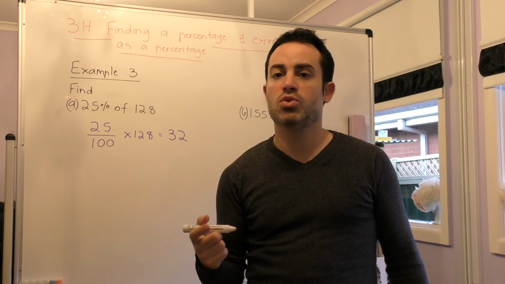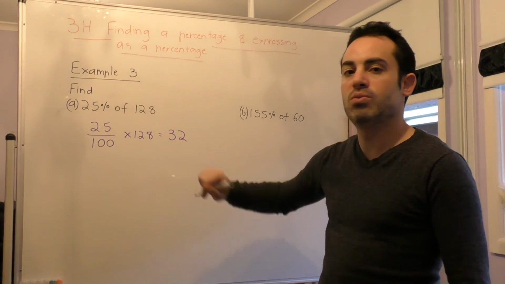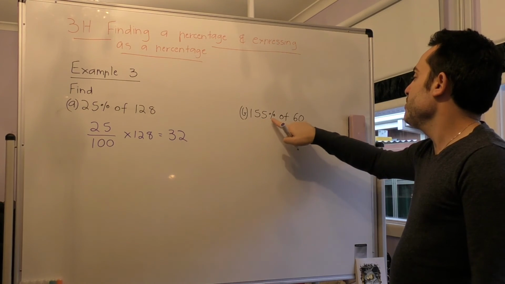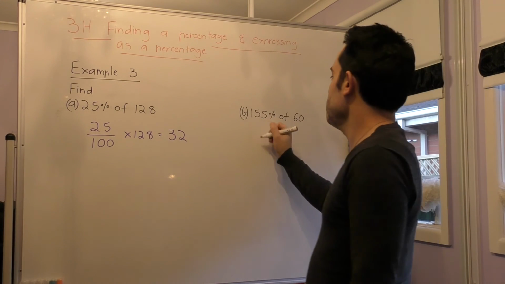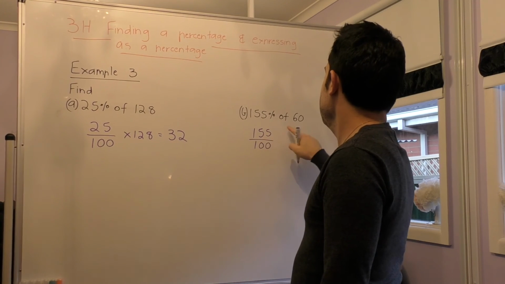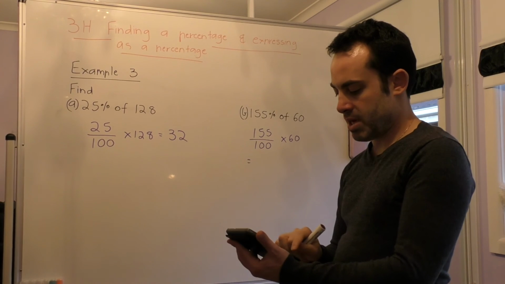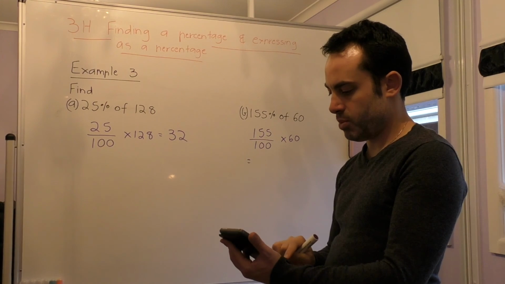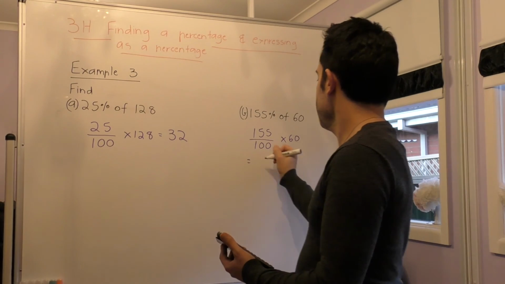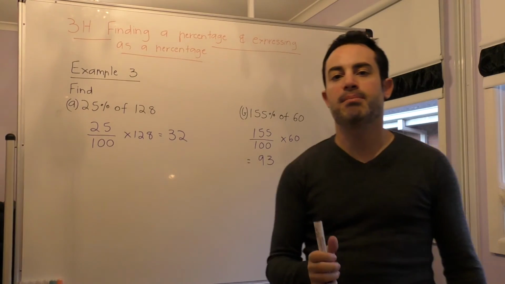That's 25% of 128 is 32 as a whole number. Now, 155% of 60. We take our percentage, divide it by 100, and then times it by 60. Put that onto the calculator, divide by 100, press equals, then times 60, and we get 93. Remember, no percentage sign goes at the end of that number.